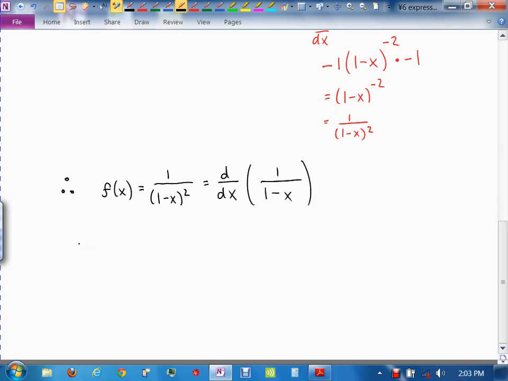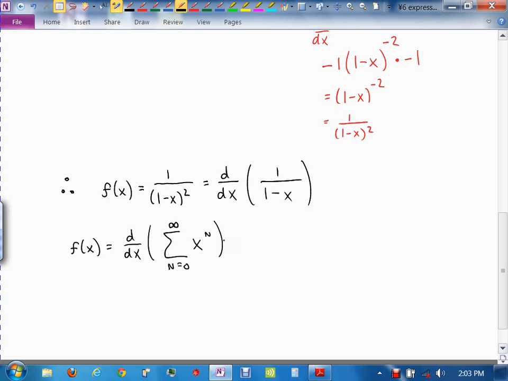So can I say that my function f of x is equal to the derivative then of that series, n equals 0 to infinity of x to the n, right? So my function is the derivative of a power series.